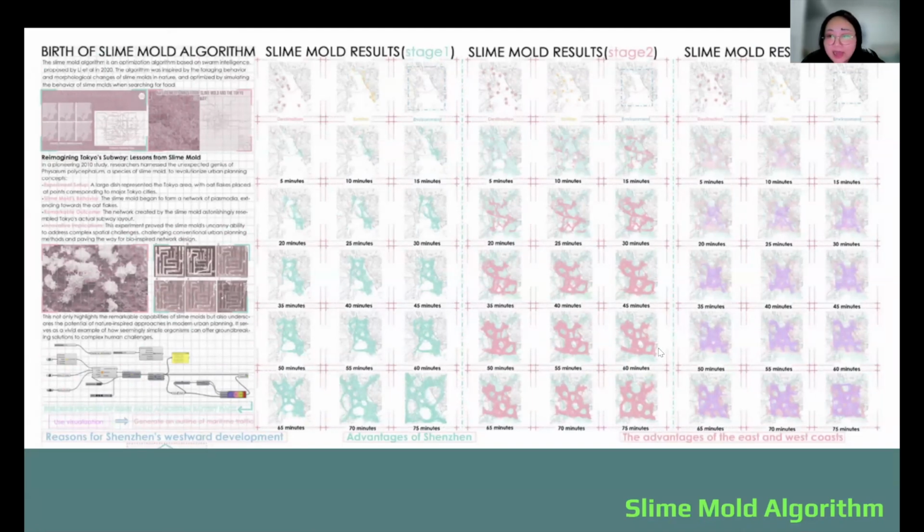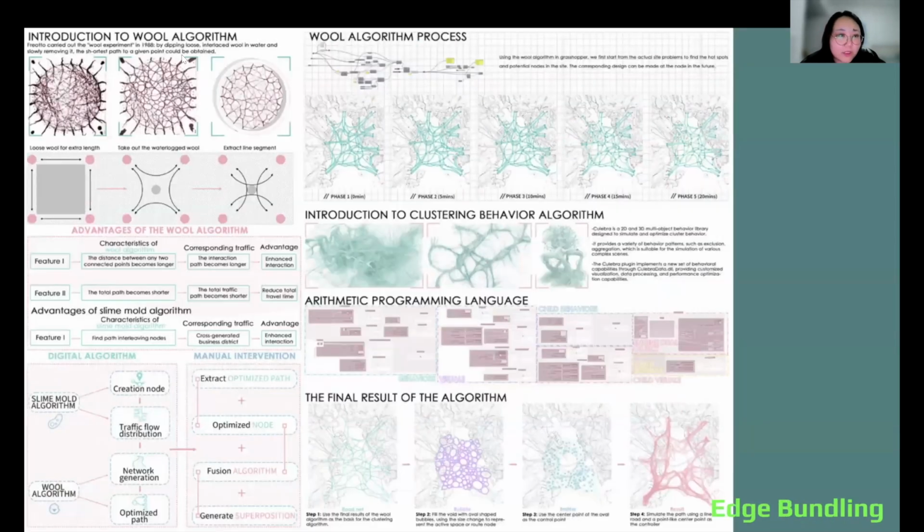And then after you have this quite complex path, you will need to use the edge bundling algorithm. It's a very Chinglish name here, but officially it's called the edge bundling algorithm, used to refine these quite complex paths. And Frei Otto actually did these experiments physically.